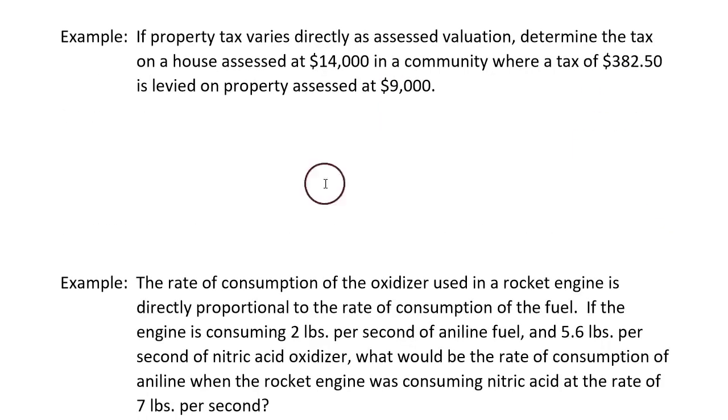Let's try an example. If property tax varies directly as assessed valuation, determine the tax on a house assessed at $14,000 in a community where a tax of $382.50 is levied on a property assessed at $9,000.